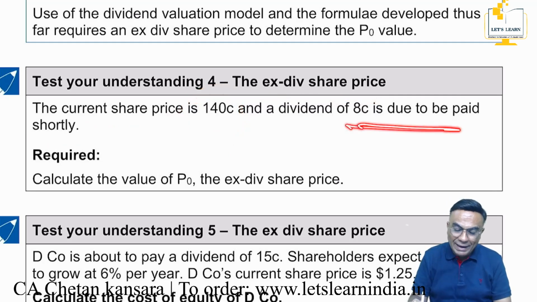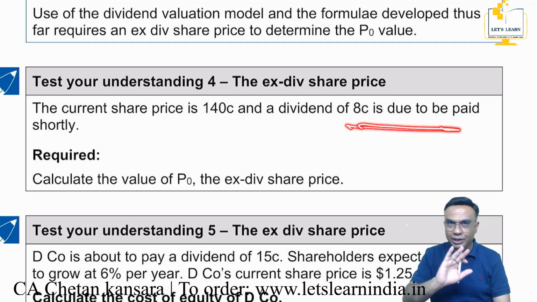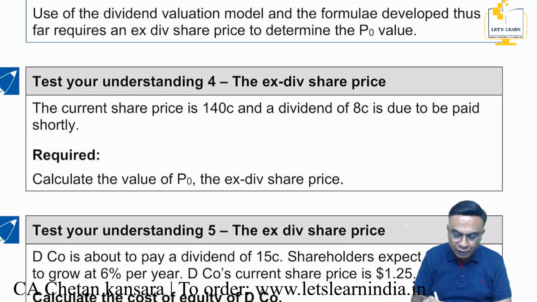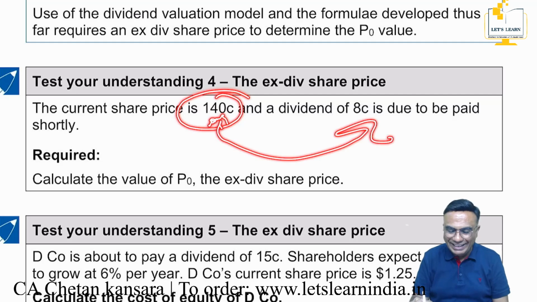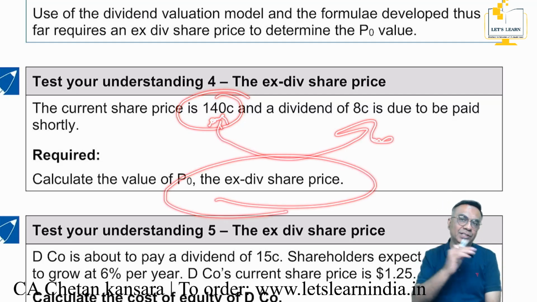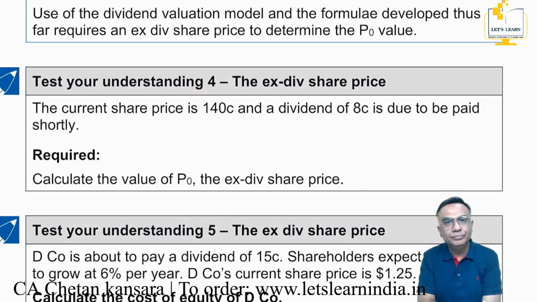So the dividend must have been declared, but it is not yet paid. 140 cents is the value of the current share, which includes the effect of the dividend. So 140 minus 8, so 132 cents will be the ex dividend price.